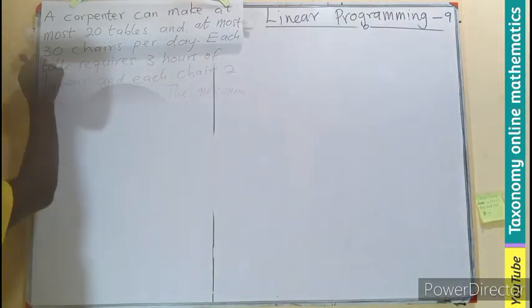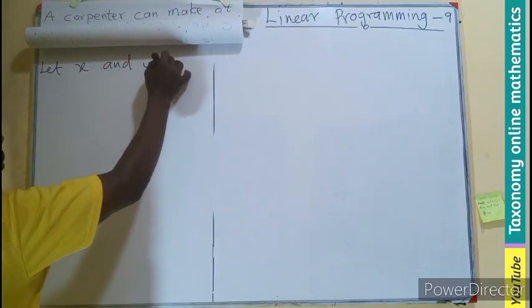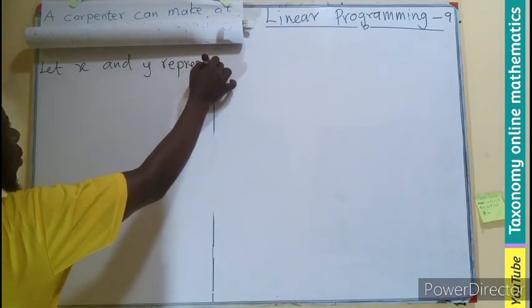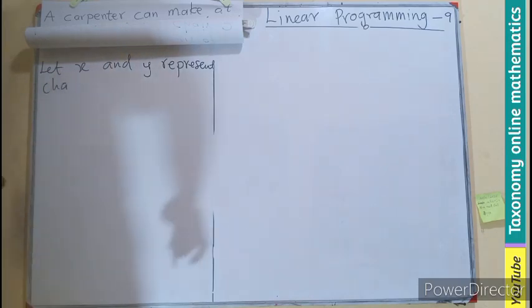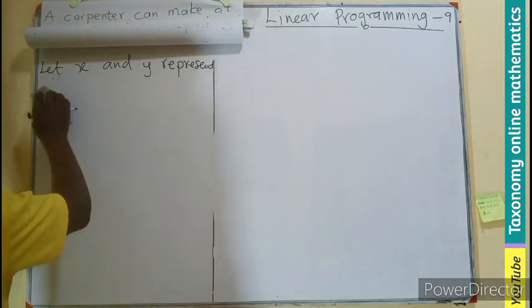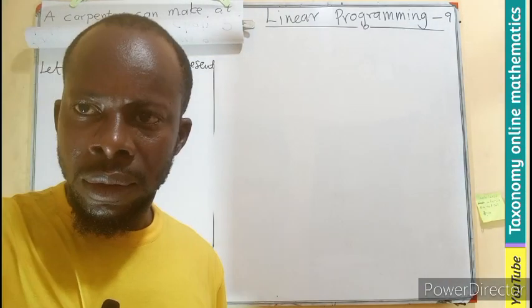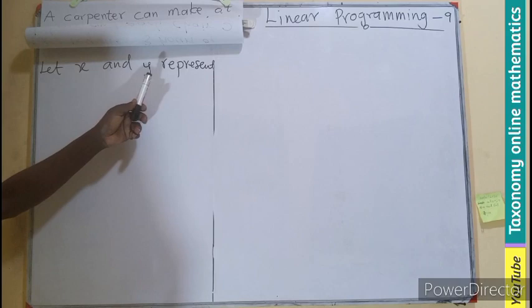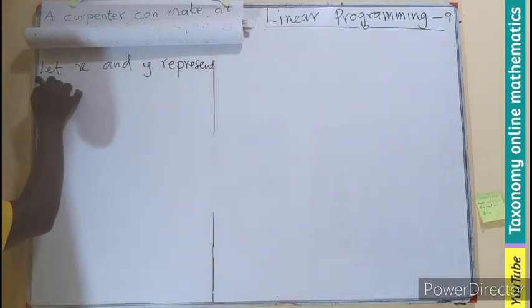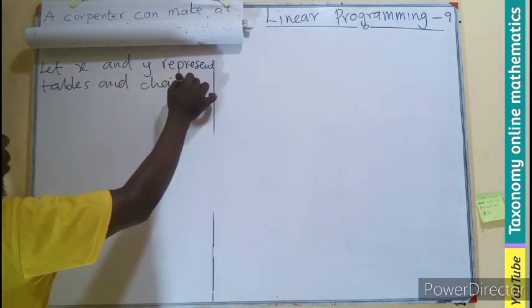So here we are going to say, let X and Y represent the tables and chairs respectively.